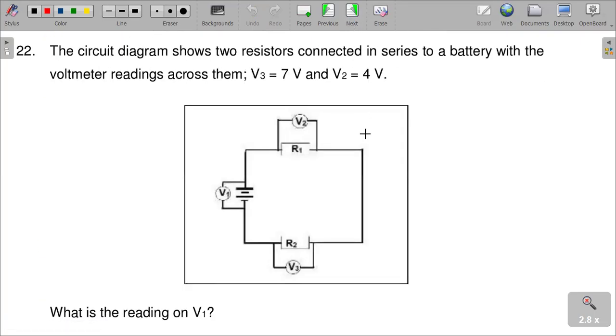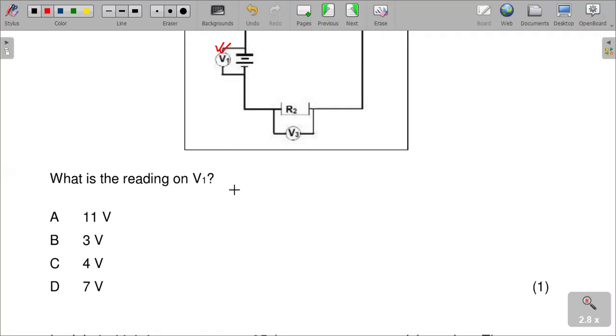The diagram shows two resistors connected in series to a battery with the voltmeter reading across them, which is 7 volts, and V2 is 4 volts. So the question is asking, what is the reading on V1?